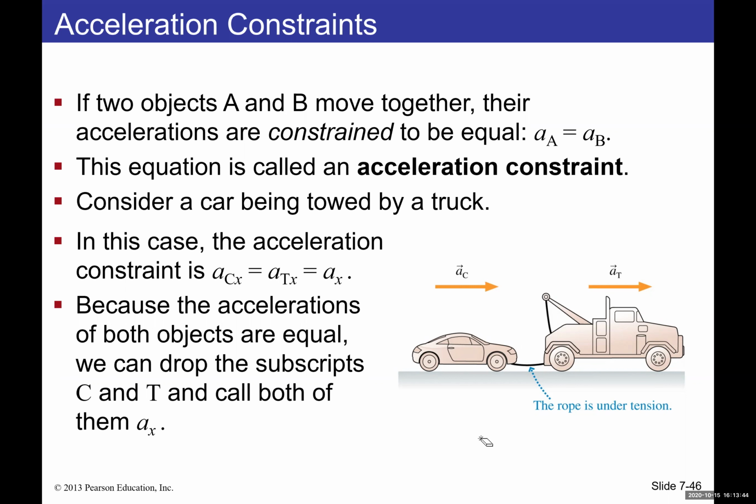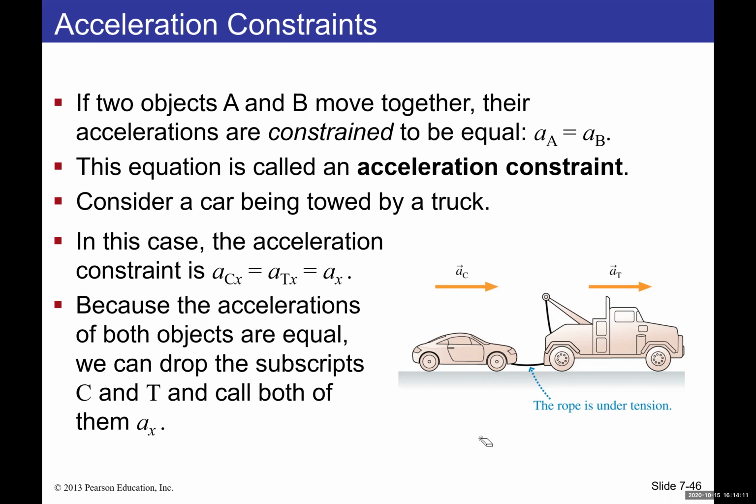Let's talk about these two objects. You have a truck and a car, and the truck is towing the car using that rope in tension. Let's say the truck is moving and it is connected to the car by a rope, so the rope is pulling the car.